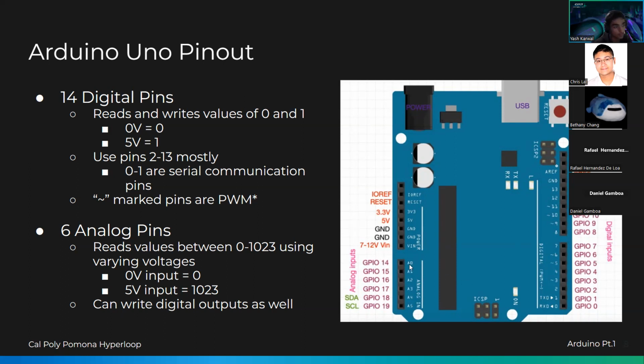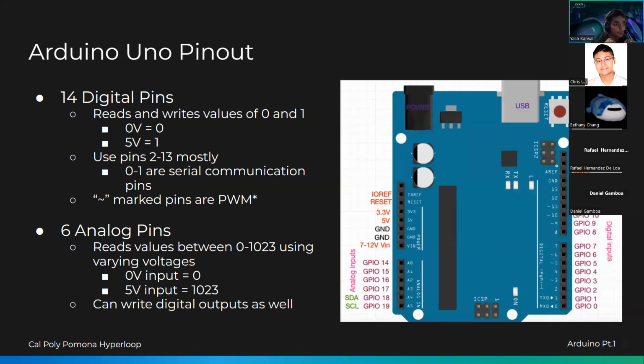On the left side, we have our 6 analog pins. These pins here can actually read analog signals. So that's not just zeros and ones, but rather numbers between 0 and 1023.